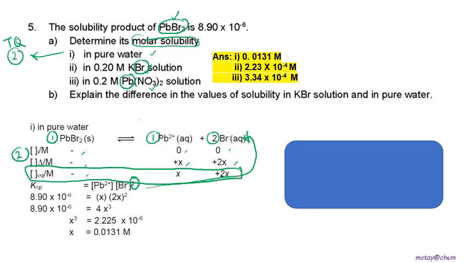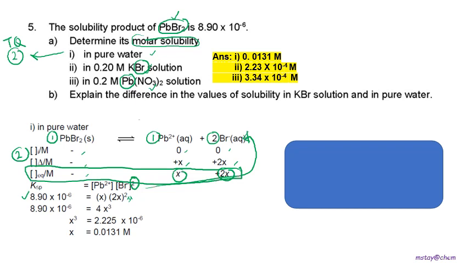Because in this question we are given 8.9 exponent negative 6, which is the Ksp value, the concentration of Pb2+ is the unknown x, and the concentration of Br- is 2x. And don't forget the power 2 here. So when we expand all of these, we get 4x cubed.